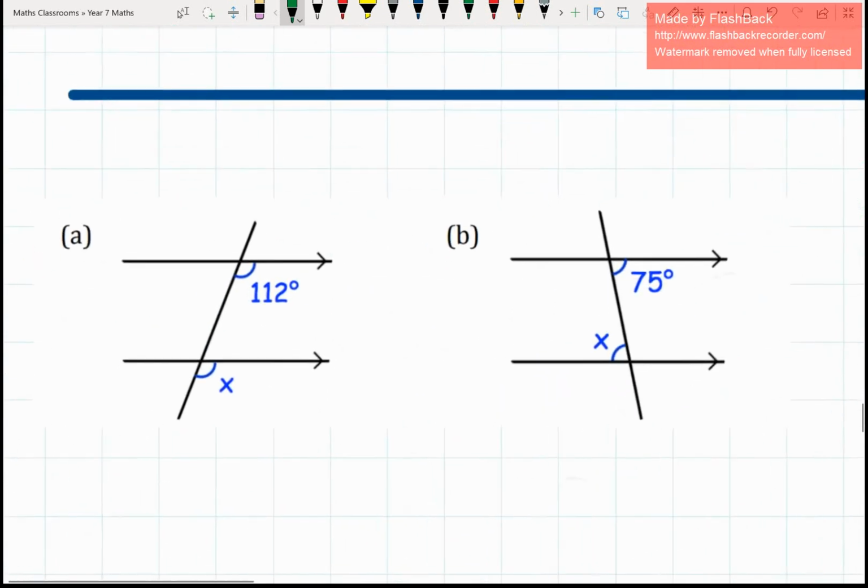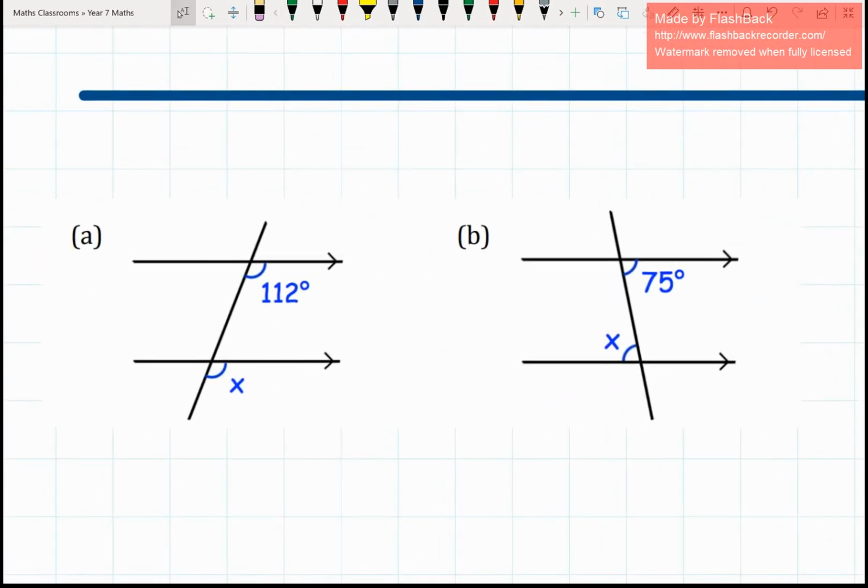So for the next ones, what I have to do is find the angle of x and y. I'm going to show you these two now. If we look at these, we've got two parallel lines and a line cutting through them. Remember that this position can be classed as bottom right.